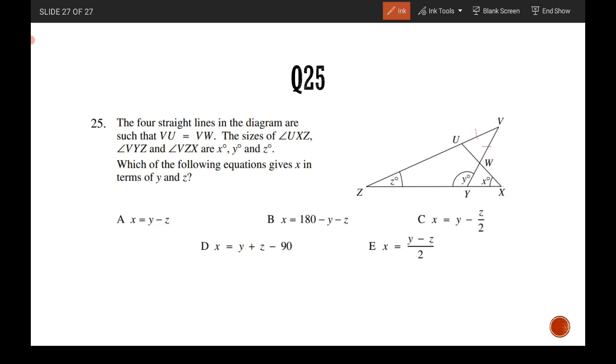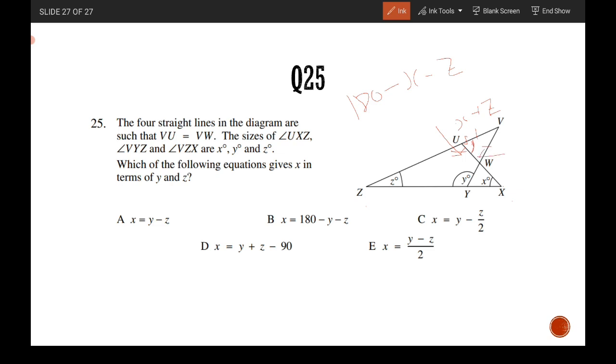Okay, so the first thing I note is we have the triangle UXZ, which allows us to say that this angle here is 180 minus x minus z. It lies on a straight line, so this is 180 minus that, which makes this x plus z.